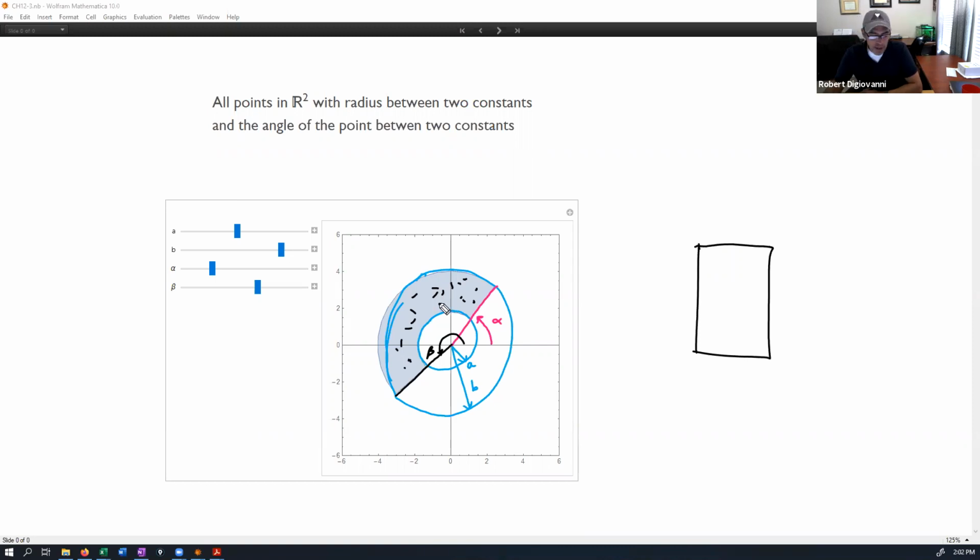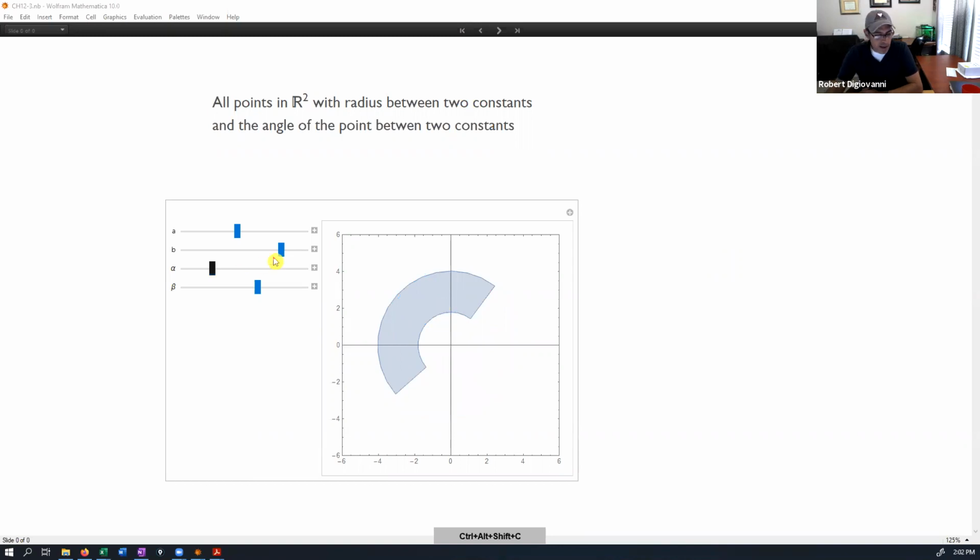So if I start making adjustments, I can change the A. What if we make A 0? That's the inner radius is 0. Then we get this slice of a pie, right? I can change the angle. Swing the angles around, wherever I want. I can make this come in.